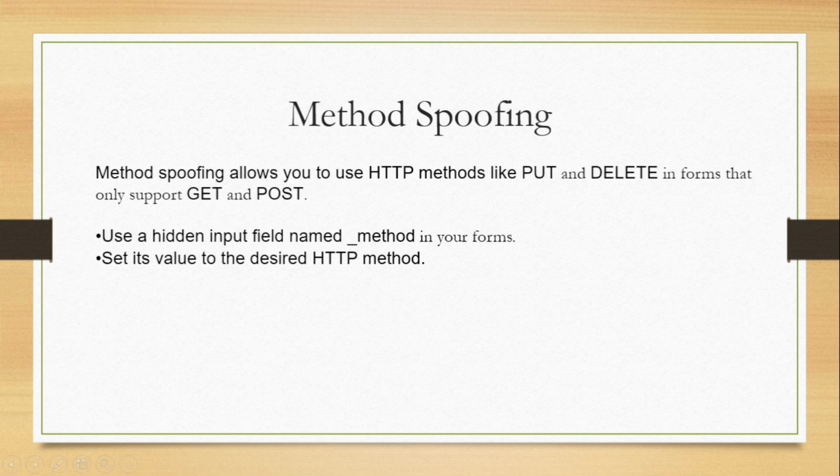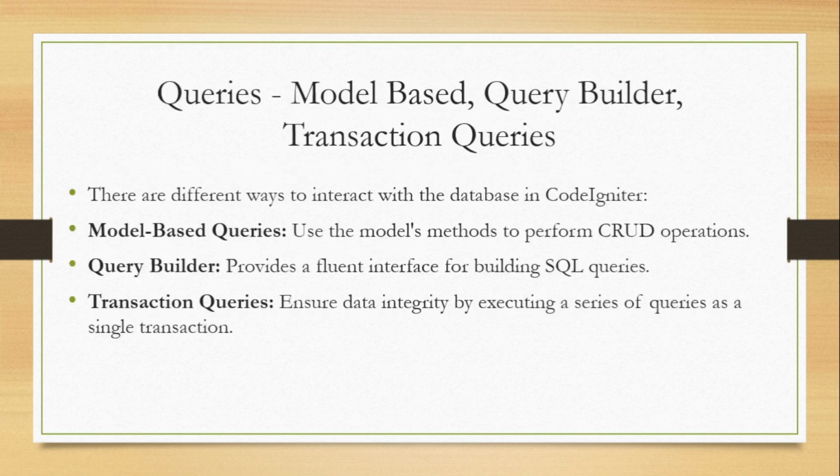Means when we create any kind of form, we will use method spoofing to get and post the data and perform operations like put and delete on that data. We will learn in our further videos how to use method spoofing.